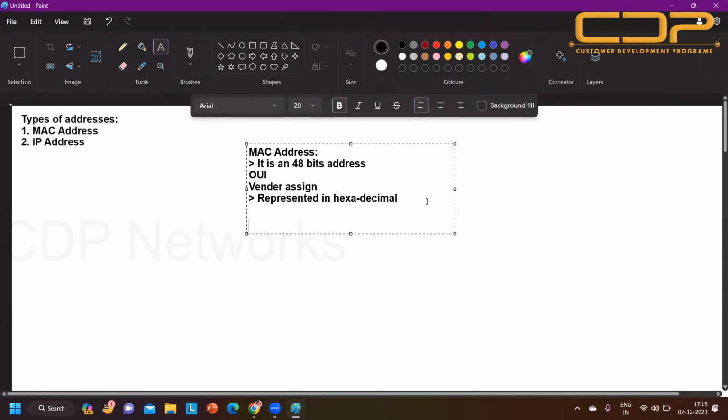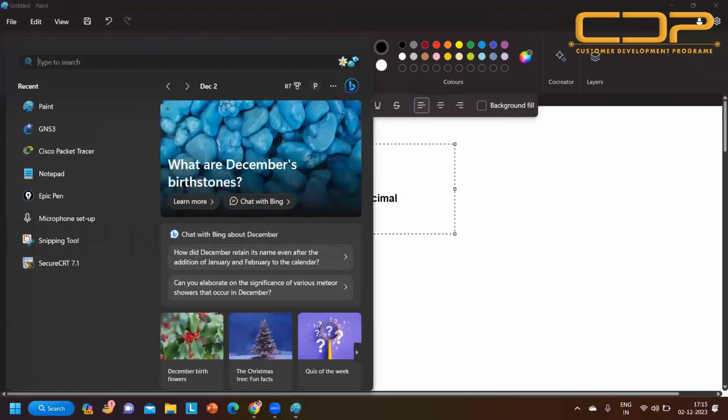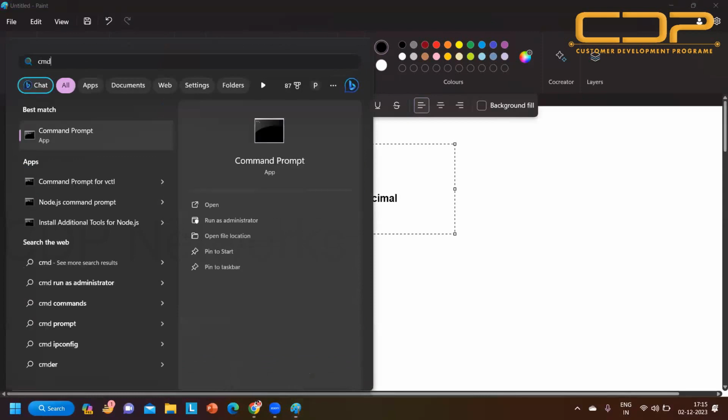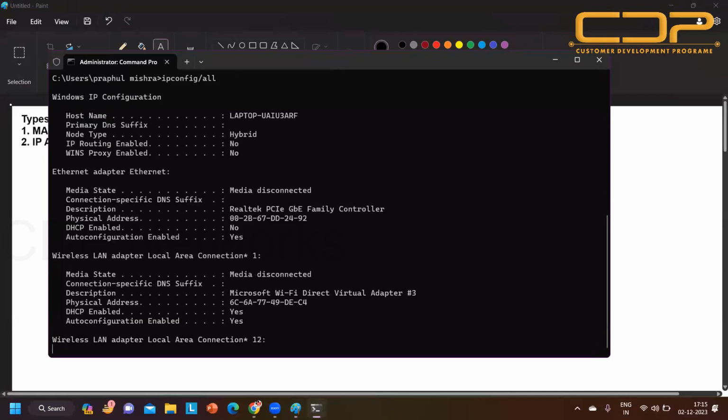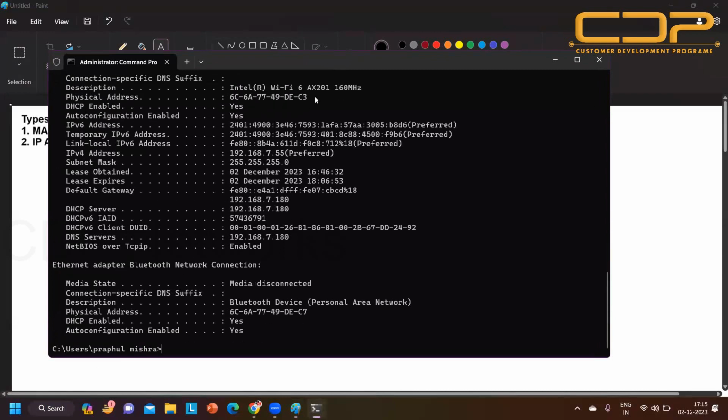My MAC address can be 0, 0, and so on. How many bits does one 0 carry? See, if I show you the MAC address of my device, are you able to see this MAC address?